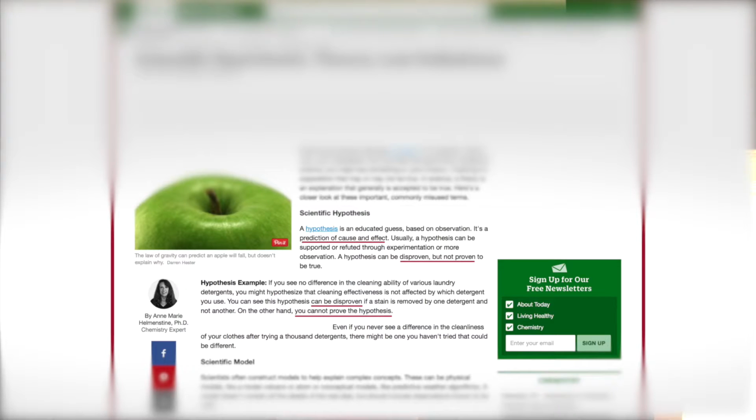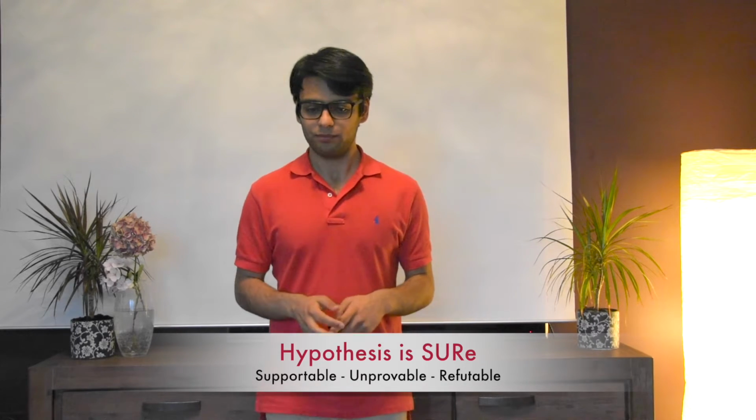By these data we can then have evidence that can support it, or evidence that is in disagreement with our hypothesis, and this we can then use to either change our hypothesis or completely refute it. So in short, a hypothesis is supportable, it is unprovable, and it is refutable. In short, it is sure.